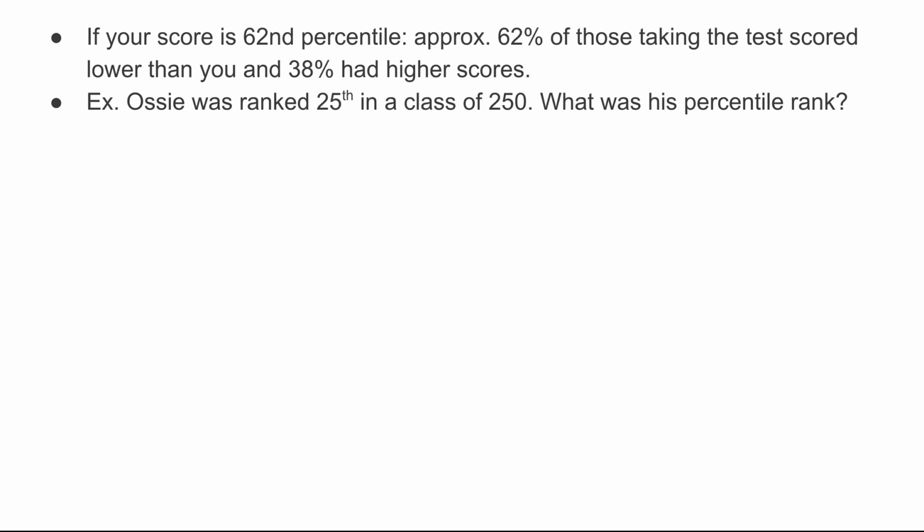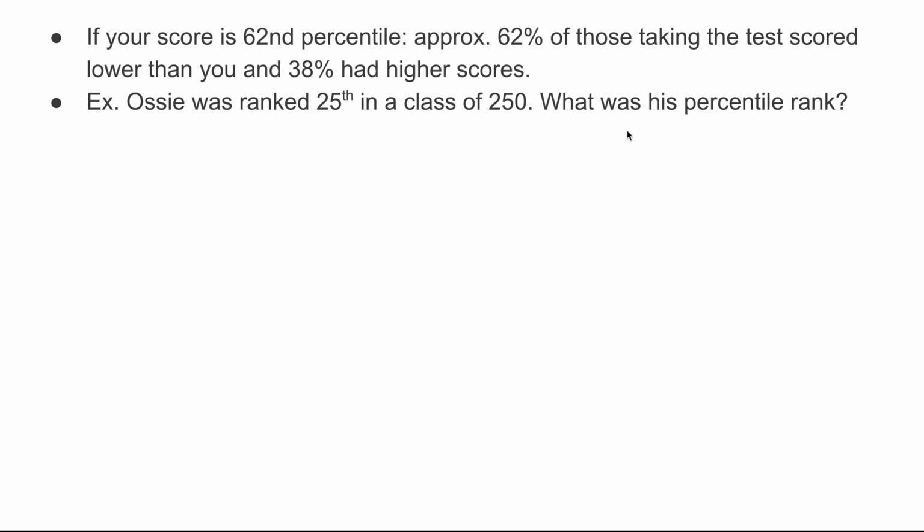You can find 250 minus 25, which is 225. So 225 students ranked below RC, and 25 people are above RC. So how do we find the percentile rank then?